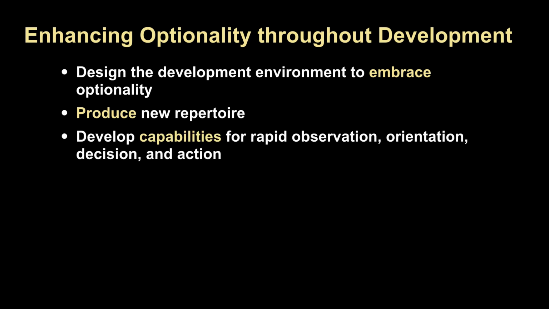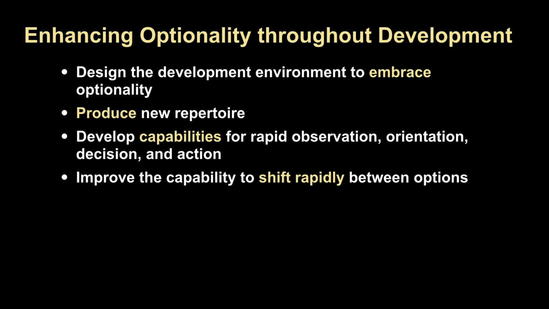3. Develop the capability for rapid cycles of observation, orientation, decision, and action, which is based on the OODA loop concept from John Boyd. 4. Improve the capability to shift rapidly between options, which is similar to the concept of fast transients from John Boyd. This is similar to improving agility. 5.